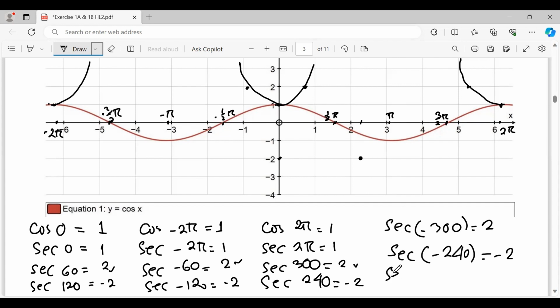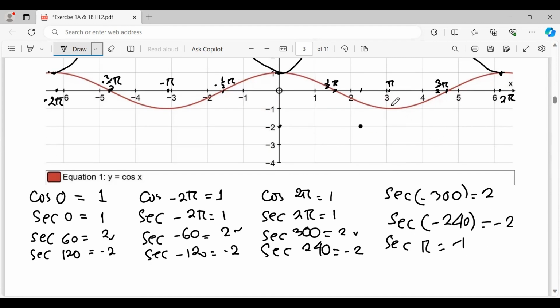Secant 180, secant pi equals -1, here. And as well secant positive 120, secant negative 120, around here.